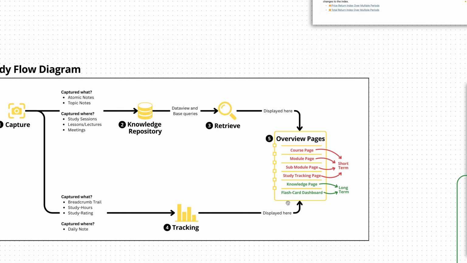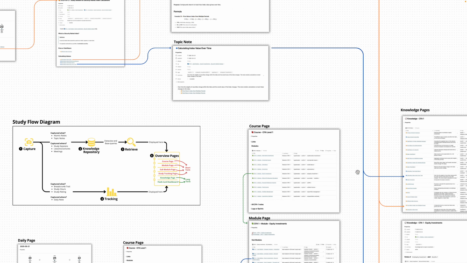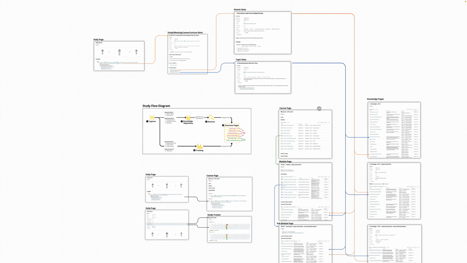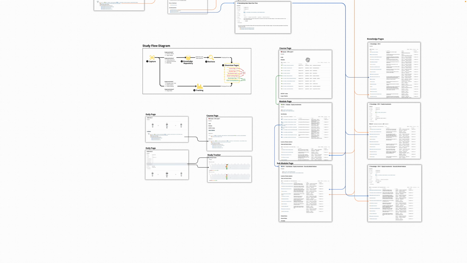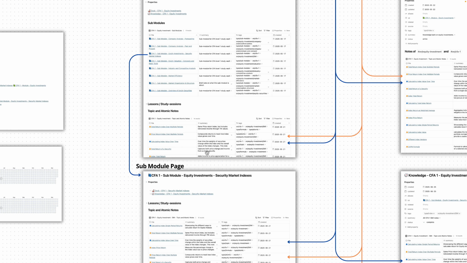You don't want to study the knowledge once and forget about it because it might be useful in the future. And this is where the long-term overview pages come into play. And we spoke about how these knowledge pages, the atomic note and topic note, get sent to the short-term overview pages. So course page, module page, sub-module page into the different tables.